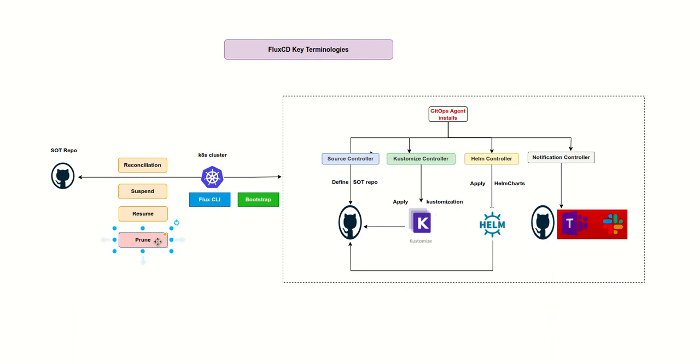And prune is the feature using which, let's say if a developer directly makes changes on the Kubernetes environment, then if we set prune equal to true, during the next reconciliation cycle, when the comparison happens, all those changes will be removed automatically.